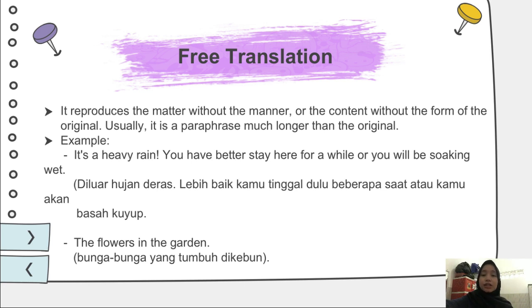Likewise, the term soaking wet is defined as an appropriate choice of words in Indonesian, namely basah kuyup. And the second example, the flowers in the garden, bunga-bunga yang tumbuh di kebun.